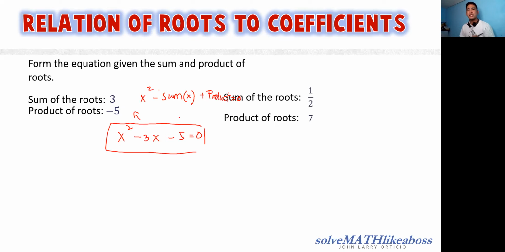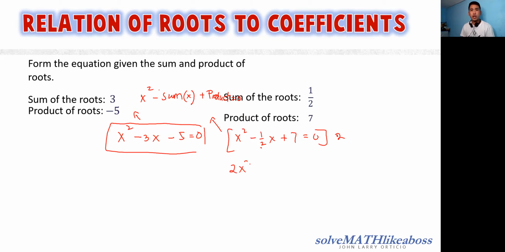Another example. Sum is 1 half and product of the roots is 7. So, kung gagamitin natin itong formula, so magiging x squared minus 1 half x plus 7 is equal to 0. Now, this is not yet the general form. Why? Because there is a denominator. Now, to get rid of that, hindi natin buburahin. Gagawin natin, i-multiply natin yung lahat ng terms by the denominator 2 para mawala siya.